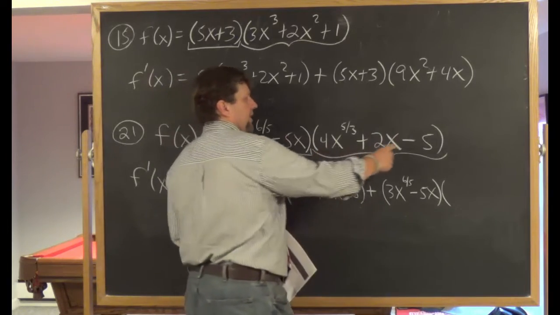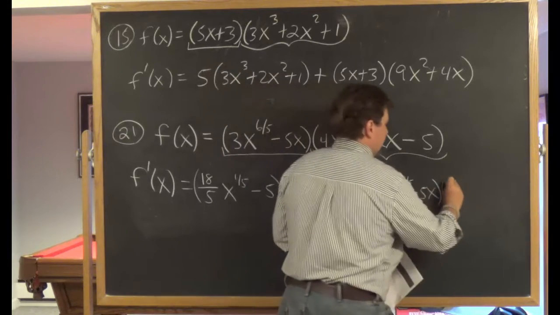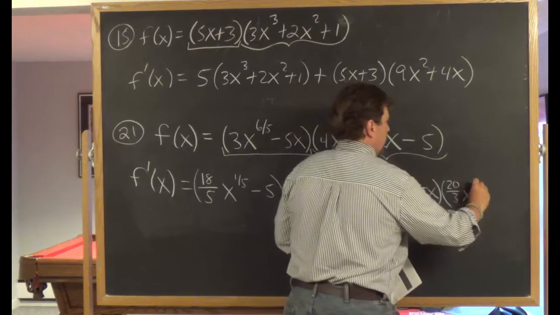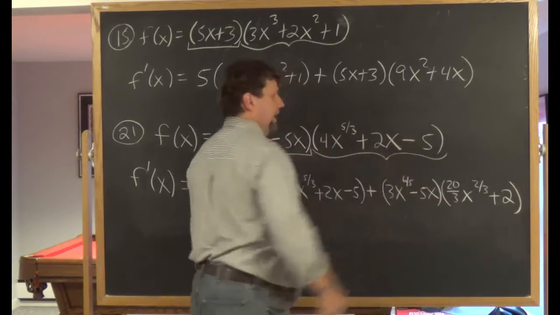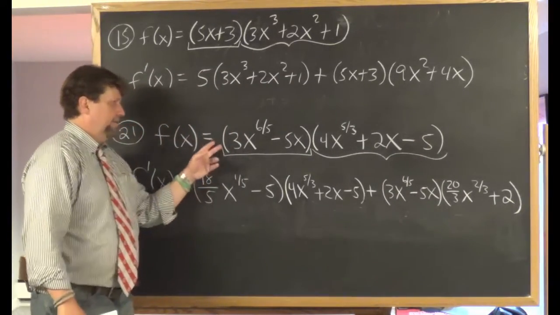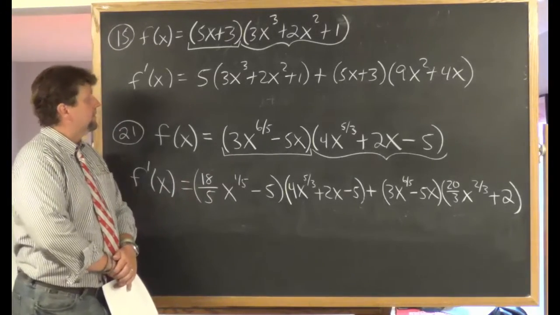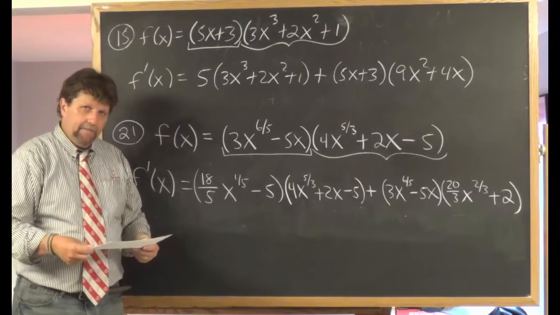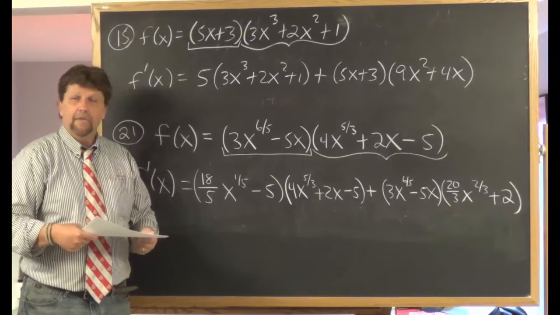And the derivative of this second function is, let's see, 4 times 5/3, that's 20/3 x to the 2/3 plus 2. Derivative of the constant 0. So here's the derivative for the function in number 21. Yeah, look at it. That's a big long mess. All right, hopefully you got 15 and 21. And now it's time to go back and we're going to look at an application of the product rule.